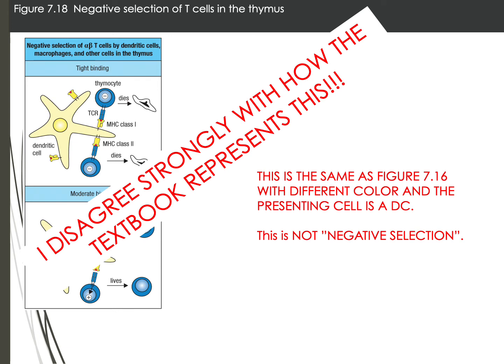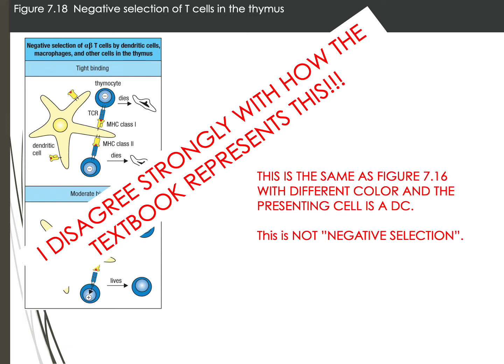All right, here's my big issue. This use of negative selection as a term, like, this figure is not talking about negative selection as the term negative selection that we're going to be talking about in a moment. This is talking about the lack of positive selection for these cells.